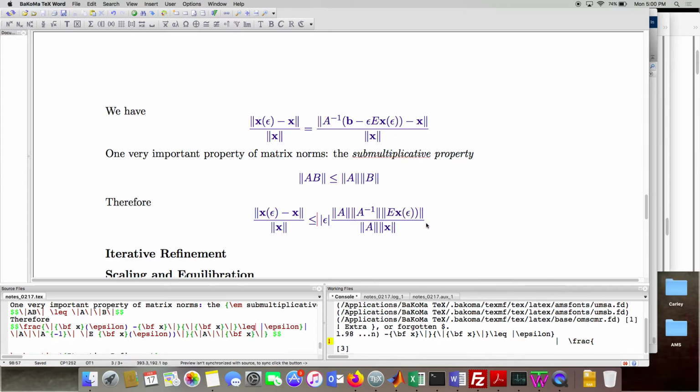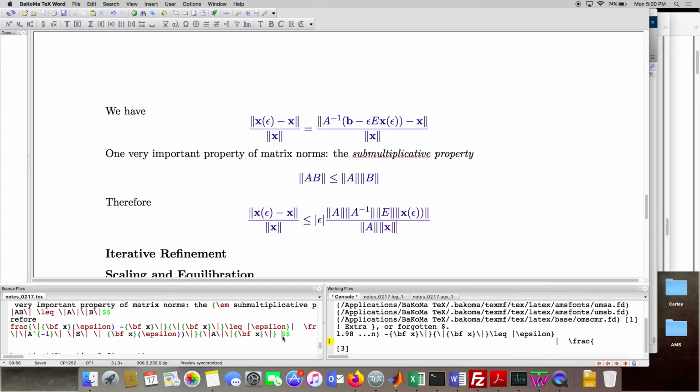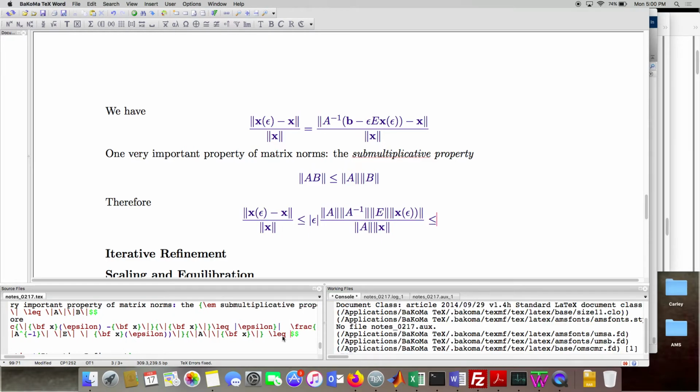And also this part here, I can separate the norm of E. So what I can do is break this up into the following quantities of interest.